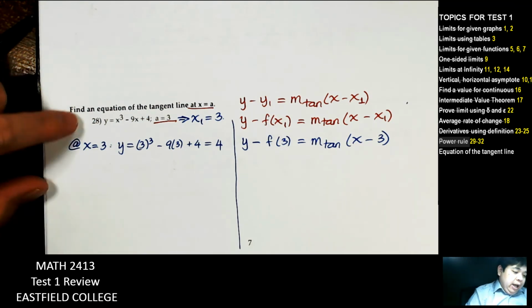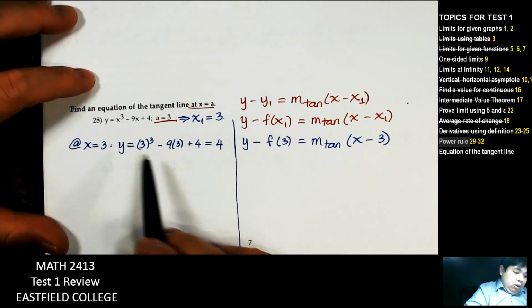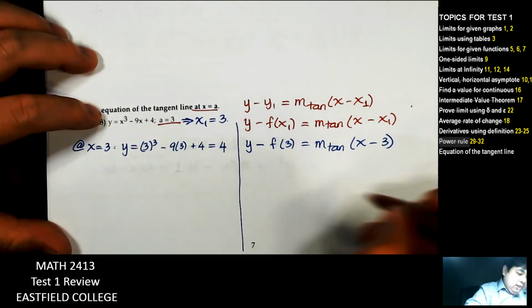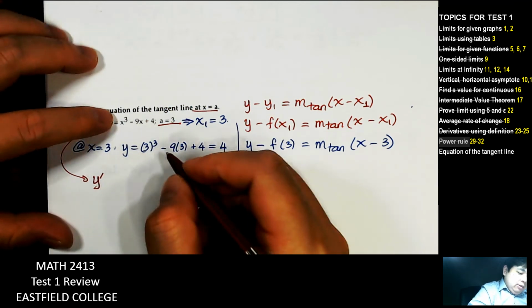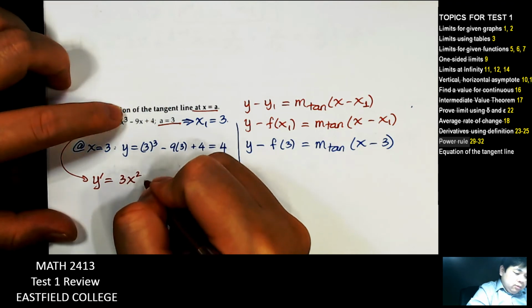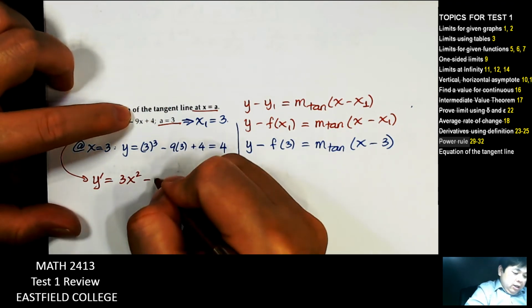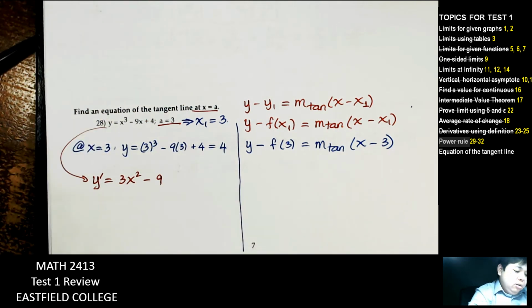Right. Now we need the derivative. The original function is that. When we take the derivative, it will be 3x squared minus 9. Actually, that's it.